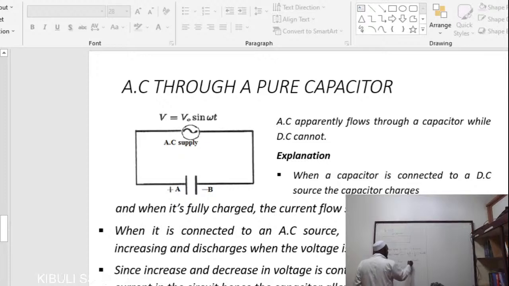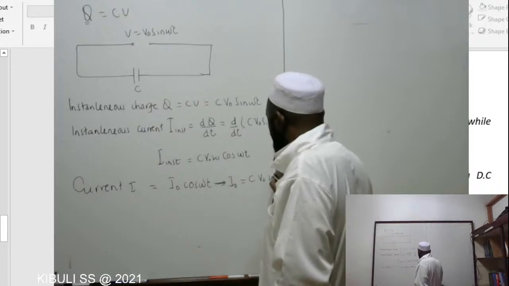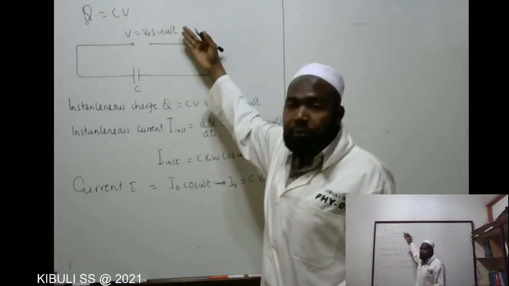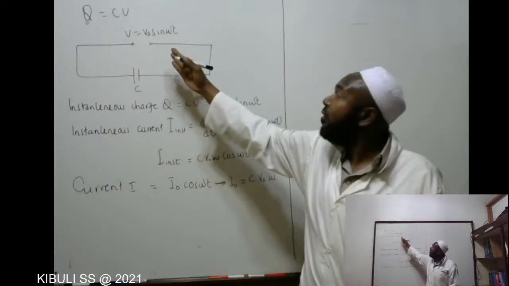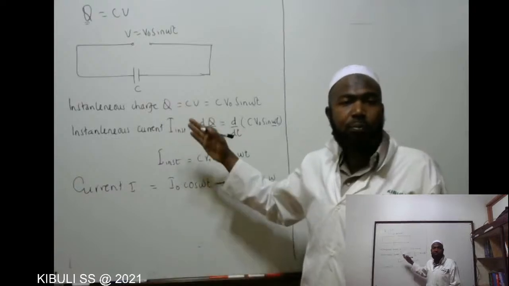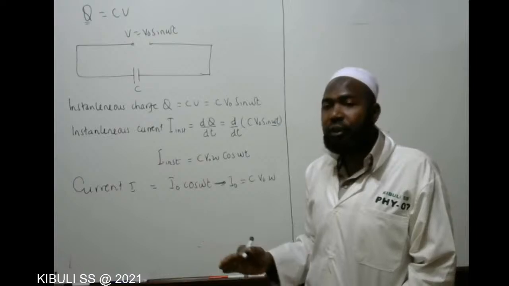In comparison with this derived equation, we end up getting I0, which is the peak value of current, to be equal to CV0 W. Now, the original expression for voltage was V0 sine Wt, and the current that corresponds with the voltage in our capacitor is going to be I0 cos Wt.